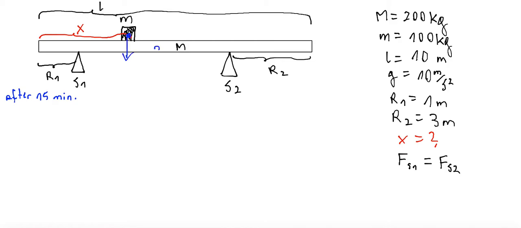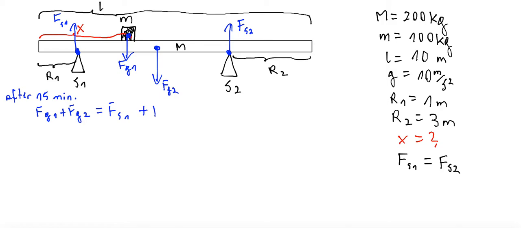Fg1 for the object and Fg2 for the rod must be balanced by the two supports, Fs1 and Fs2. Is it clear? Okay, so what is the first equation? Fg1 plus Fg2 must be equal to Fs1 plus Fs2.